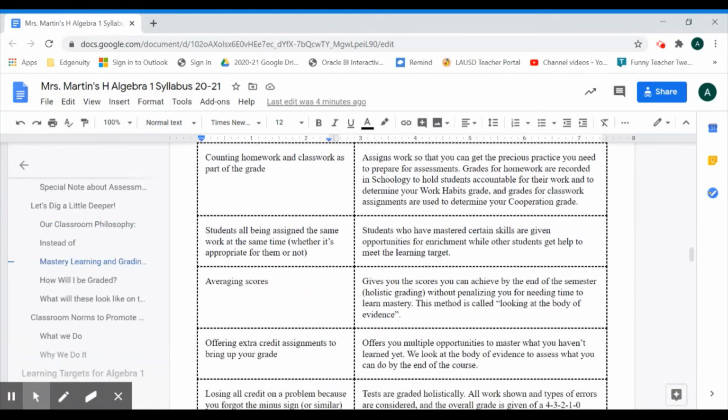Students all being assigned the same work at the same time. That's a traditional classroom. For us, it might look a little different. If you're still working on understanding learning target 1, but another student is ready to move on to learning target 2, we're going to make sure that we adapt that curriculum so that you are moving at your pace.